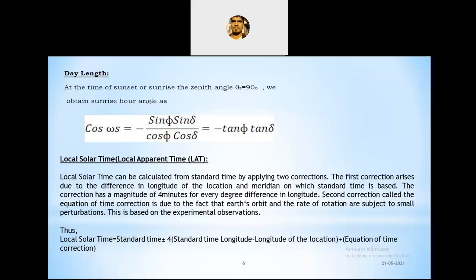Sometimes the day length may be 12 hours, sometimes less, 10 hours, and sometimes more. A longer or shorter day length depends on the rotation, the zenith angle and the sun position.